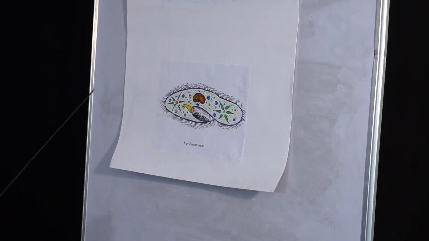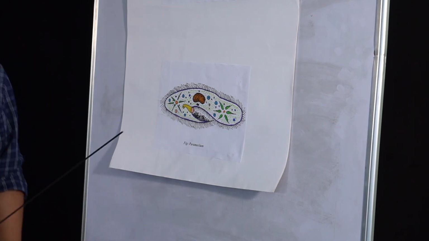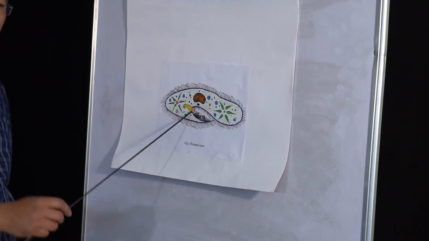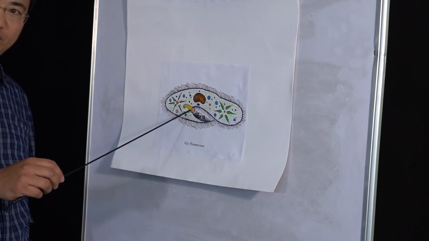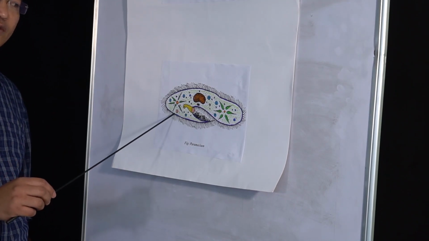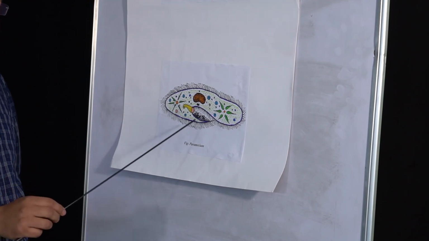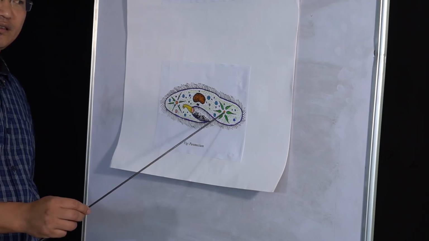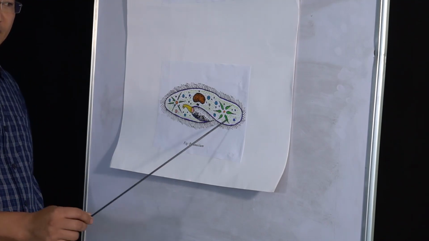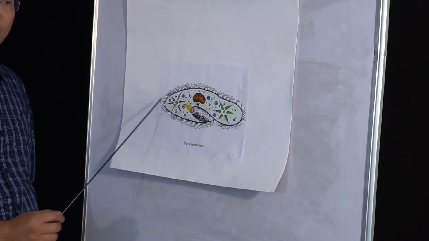Now, when we look at this paramecium, it has a mouth to eat food. It has an opening for throwing out its waste. So this paramecium does not need to change its shape. It has these cilia to move around.